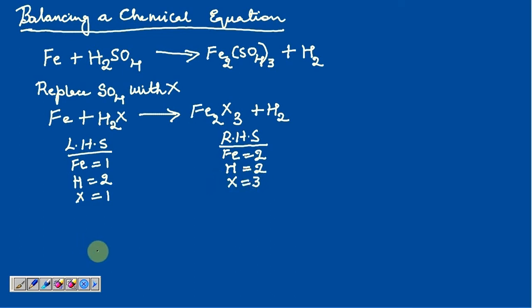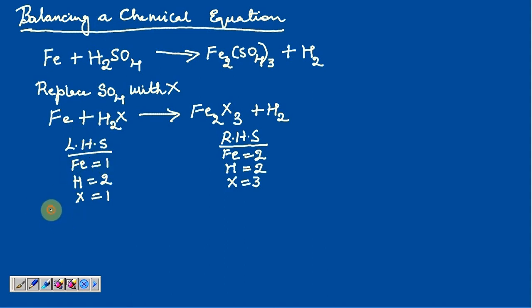Next we'll start balancing the equation. On the left hand side we have iron 1, but on the right hand side we have 2. So what do we have to do? We have to multiply Fe by 2 on the left hand side to make it 2.